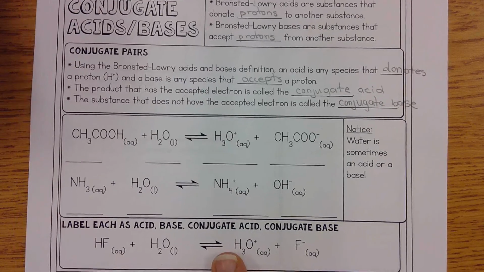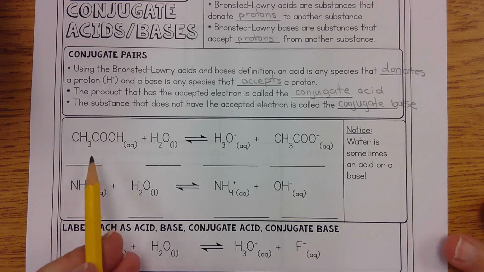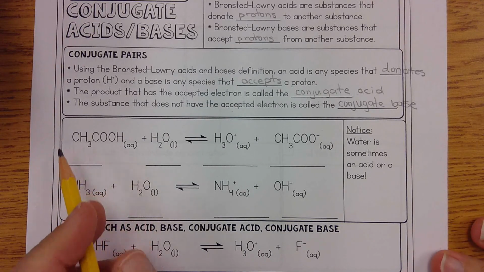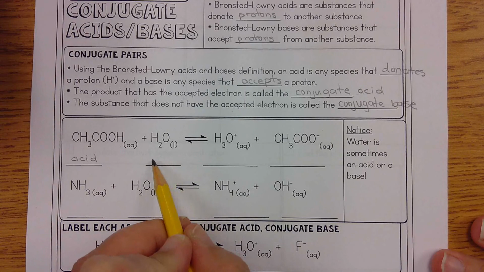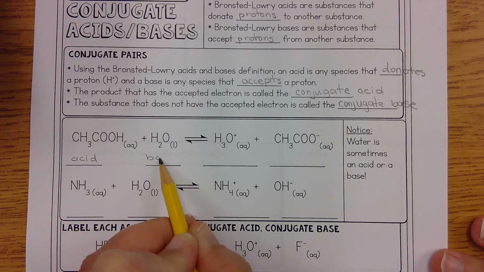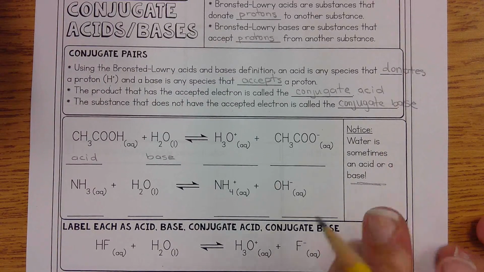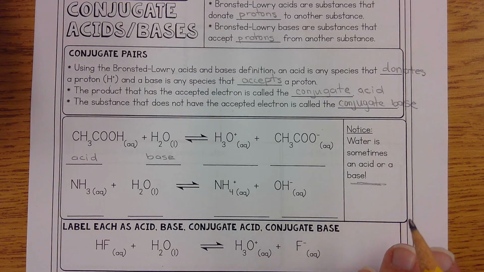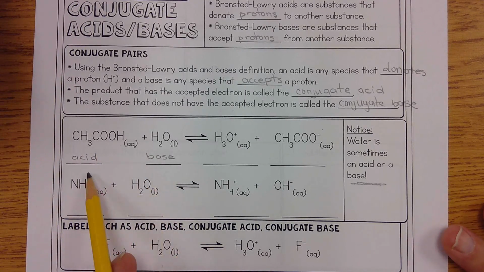So if we look at example equations that deal with this, here we have acetic acid. So it's my acid. And water. This time my water happens to be a base. As you look over here, water sometimes can be an acid or a base because it's neutral. It will work either way. So here I have acetic acid and water.